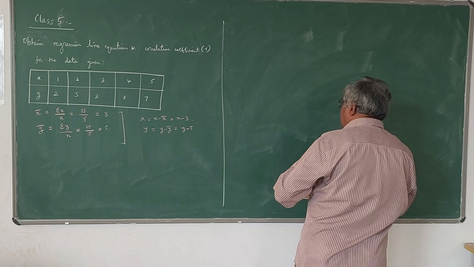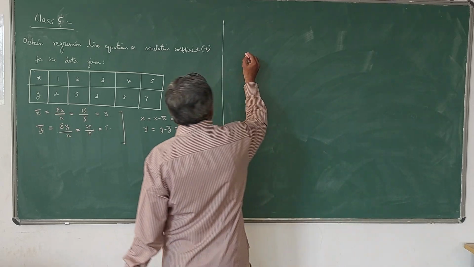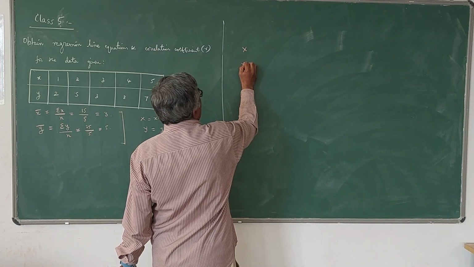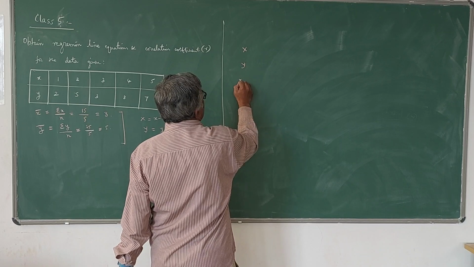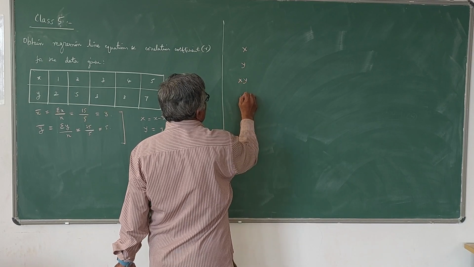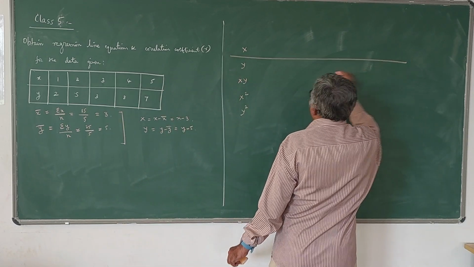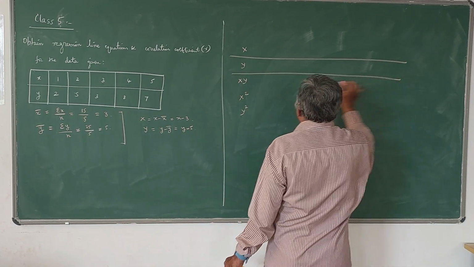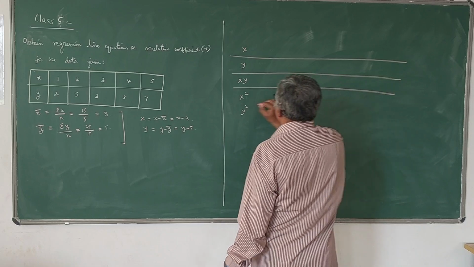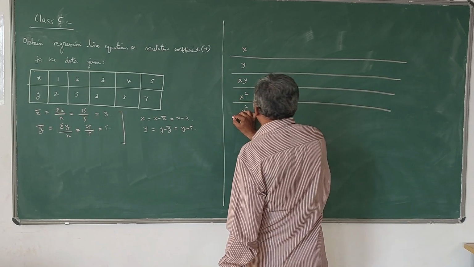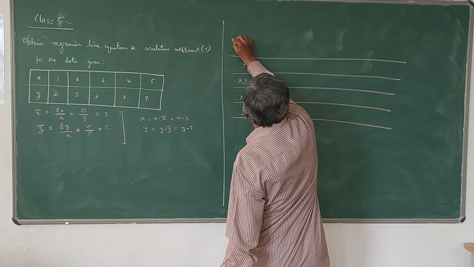So in that table we need the capital X value, capital Y value, then x into y, then x square, then y square. Totally 5 parameters we require. So let us calculate these 5 parameters.